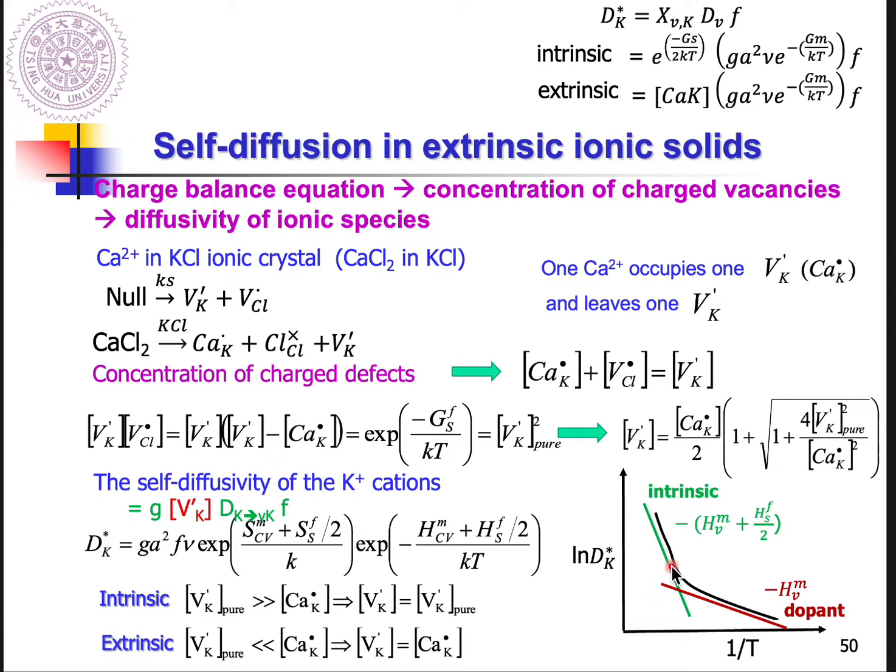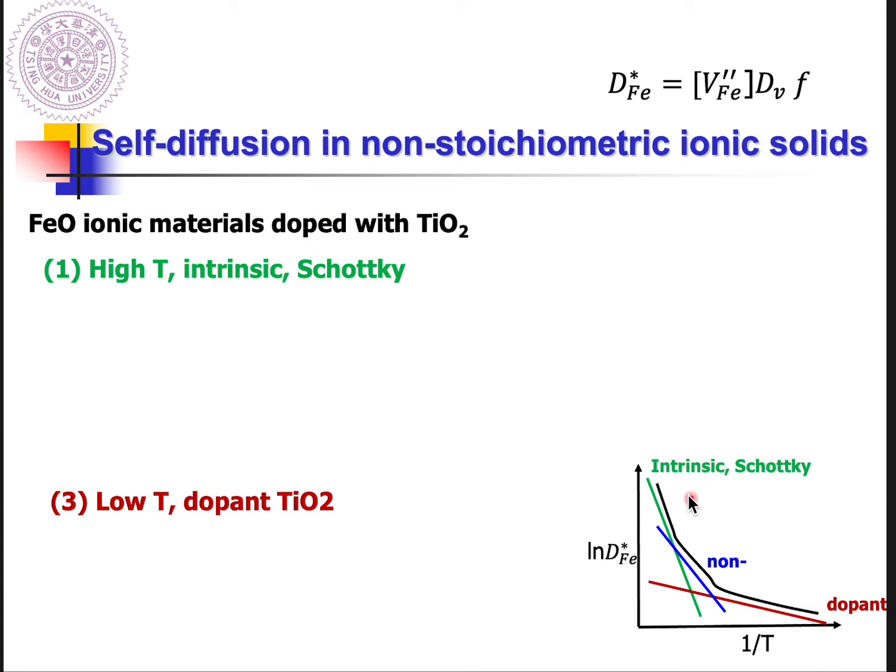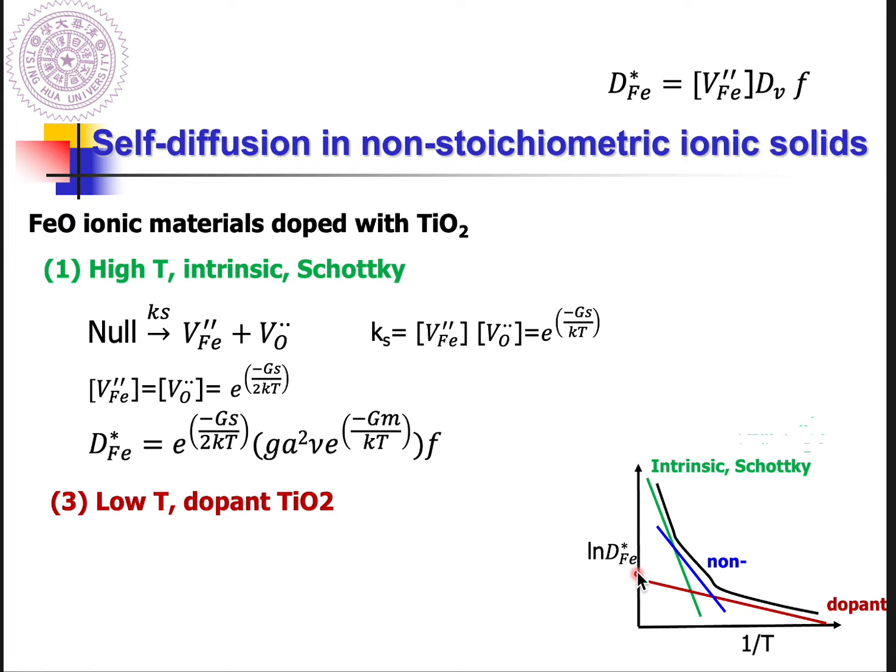For this region it is intrinsic dominant, and this region is dopant dominant. But if the data you observe can be fitted with 3 straight lines, that means in your interesting working temperature, there are 3 different mechanisms controlling the diffusivity of iron ions. Okay.